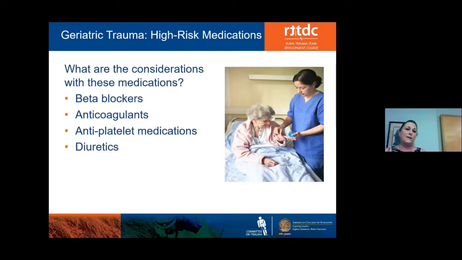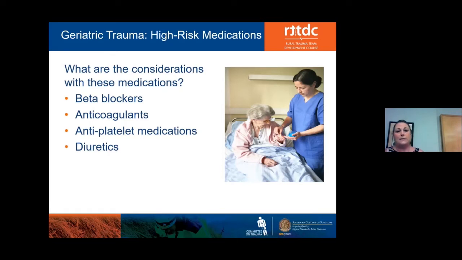So you may not recognize that their body is going into shock because their heart rate is being blocked by the beta blocker. And beta blockers also can predispose the patient to hypothermia. So if we had a patient who fell out in the snow and laid for a period of time, it also predisposes them for the hypothermia.